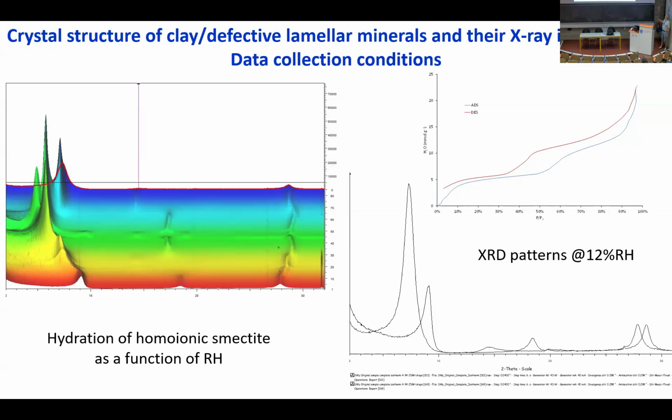I mean, equilibration at a given relative humidity is quite fast. So to make sure that you are here at 12% relative humidity on the desorption branch, this one, what you want to do is just put everything to 60, 70%. Let's wait for 15 minutes, half an hour if necessary, and then bring everything back to 12% relative humidity. And in this case, you are sure you are here on the red curve, not on the blue one.